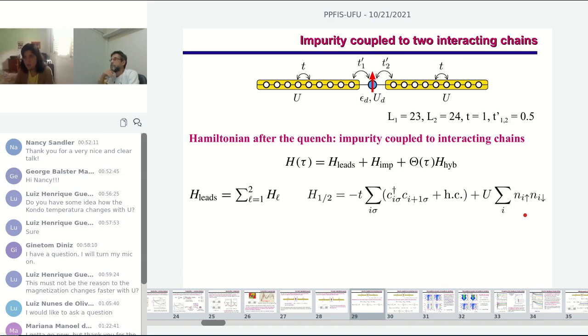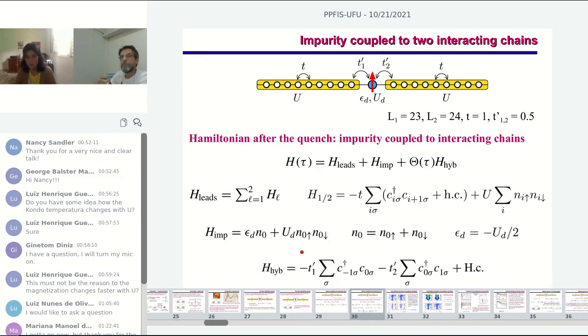And the second term comes from the interaction. It's taken into account only when we have two electrons at the same site. So this n here is the occupation number at the site. Only when we have two electrons with opposite spins, we pay an energy equal to U because of double occupancy. So this was for the wires.